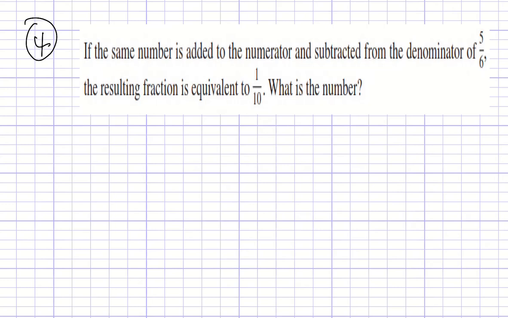Okay, look at the next one, number 4. It says, if the same number is added to the numerator and subtracted from the denominator of 5 over 6, the resulting fraction is equivalent to that. What is the number? I told you there are variations of the same problem. You say let x be the unknown number.